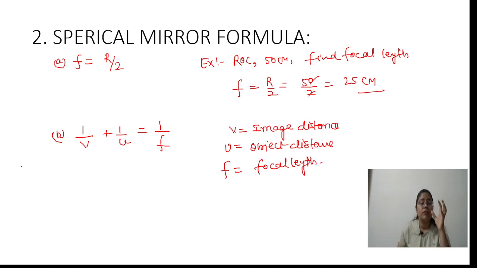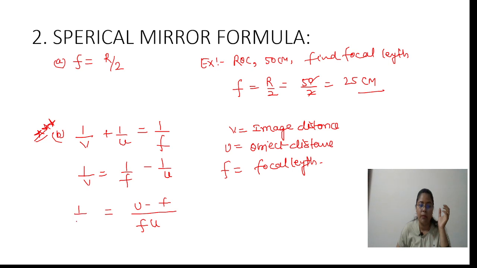After that, you find the image distance and image location. They generally use this formula and ask questions on this concept. That is a very important concept for the NEET examination. 1 upon v is equal to 1 upon f minus 1 upon u. Take the LCM, f into u, so u minus f over fu is equal to 1 upon v. After that, invert this: v is equal to fu upon u minus f.